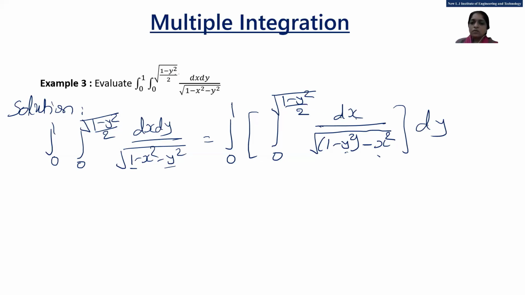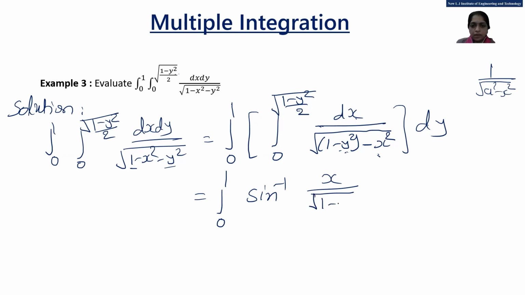We are doing the integration first with respect to x now. This is 1 upon under root a square minus x square, so this is the formula of sine inverse x upon a. So 0 to 1 here sine inverse x, and our a is under root 1 minus y square.